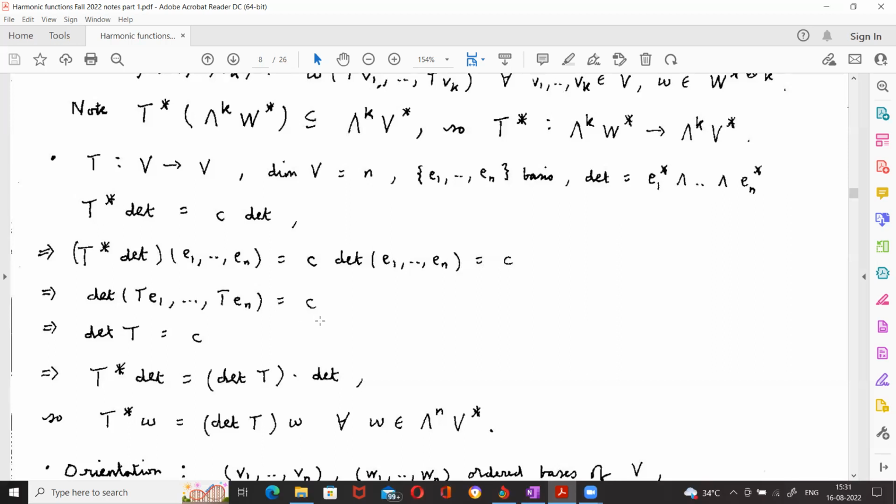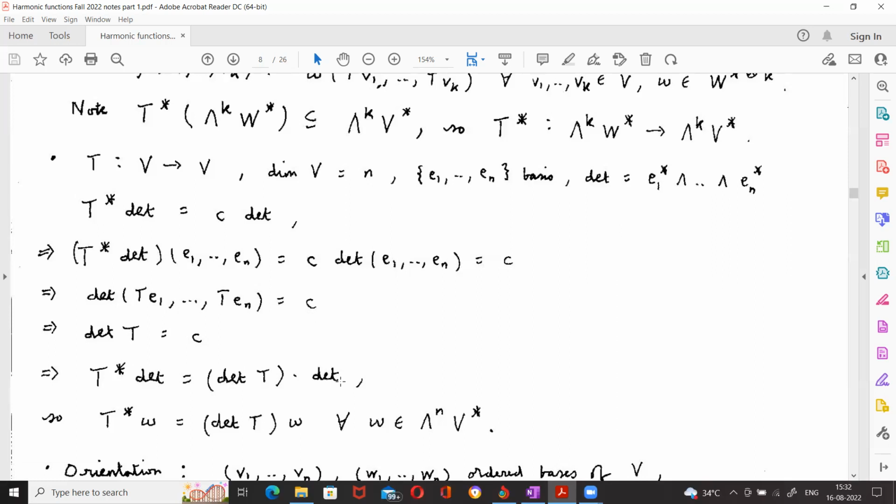So I get that c is equal to the determinant of TE1 to TEn. But TE1 to TEn is just the columns of T with respect to the basis E1 to En, right? So this is nothing but the determinant of T. So I get that this constant c is equal to the determinant of T. Therefore, the pullback of the determinant, T star of det, is equal to determinant of T times det.